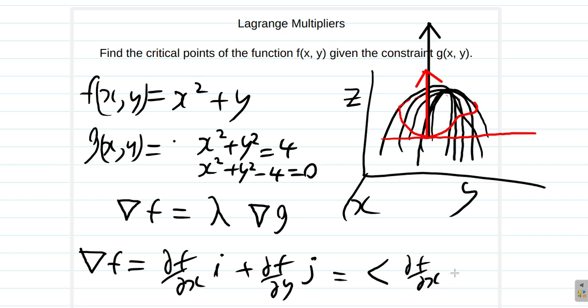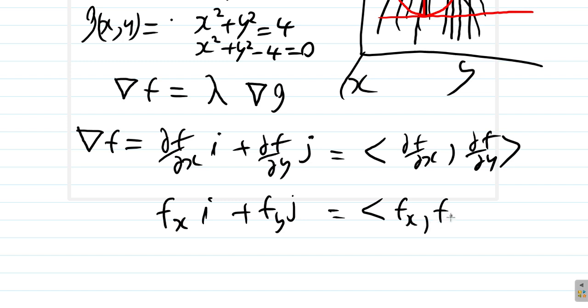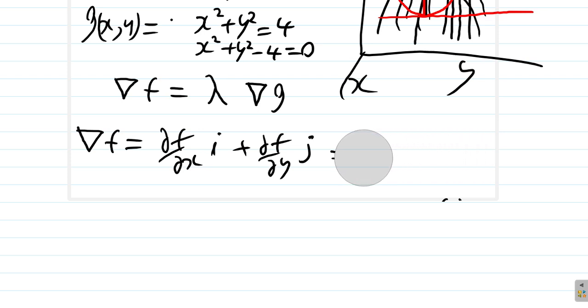It could be delta f by delta x comma delta f by delta y in angled bracket. But even the derivative could also be written as f sub x in the I direction plus f sub y in the j direction. Or it could be in angle bracket f sub x comma f sub y, right? Could be that. But I like writing it using the delta and the I and j.